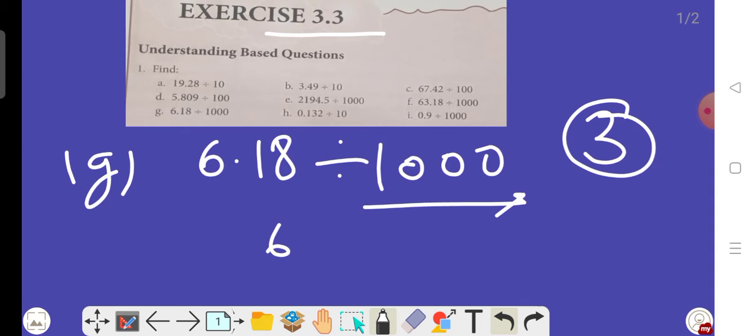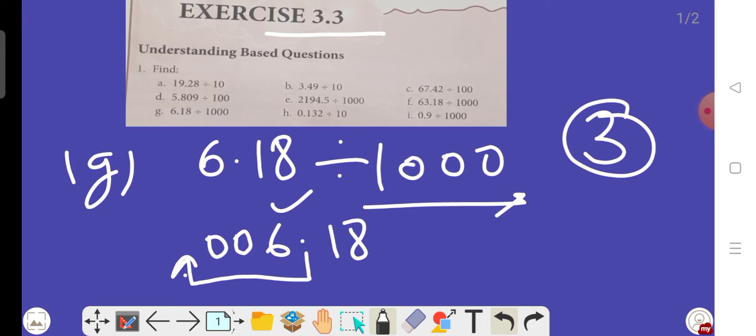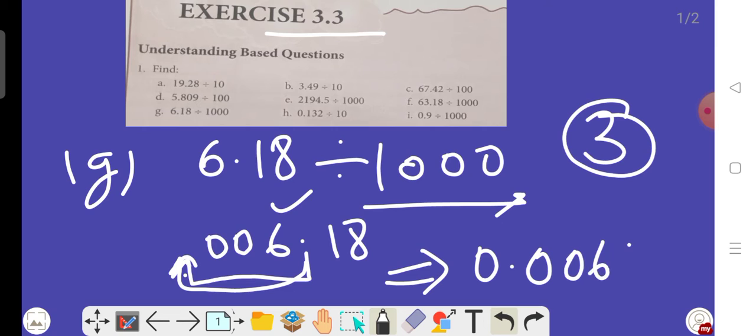Now beta, in 6.18 we have to move this decimal towards the left side by 3 places. Here we have given 6, here we have only one digit. In the place of the remaining 2 digits we have to put 0, 0 0, and here we have to transfer this decimal sign, okay. So the result is equal to 0.00618. This is the answer of your G part.